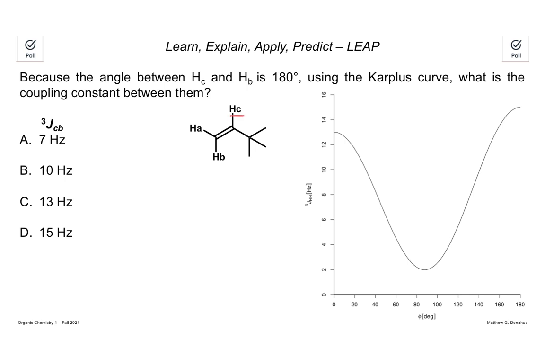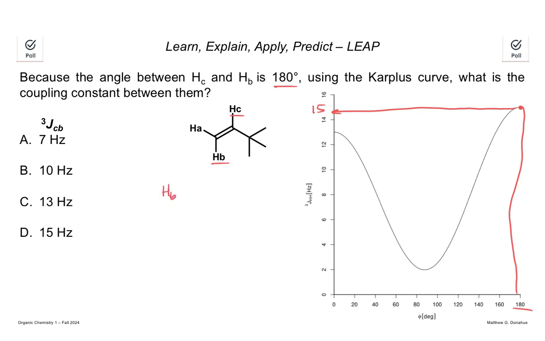HC to HB was 180 degrees. And so we find that on the curve. From the x-axis we go up, then we go over to the y-axis and we find that that's 15 hertz.